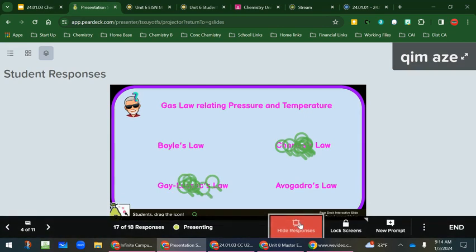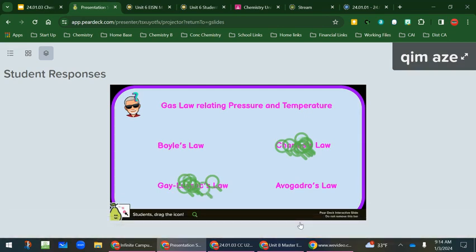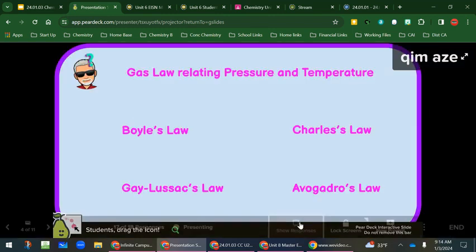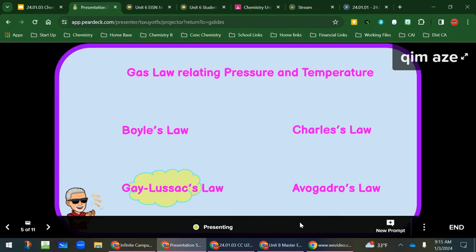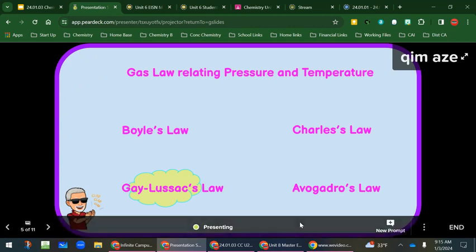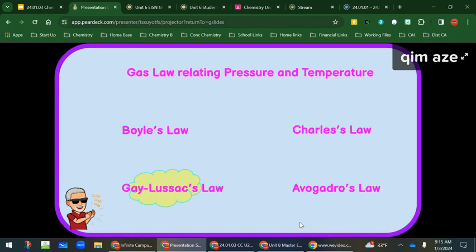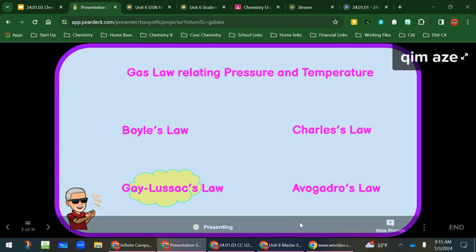Well, at least we're split between the two that are possible answers. Pressure and temperature, ladies and gentlemen, that is Gay-Lussac's. Volume and amount of gas would be held constant.